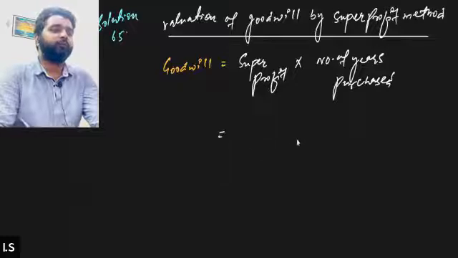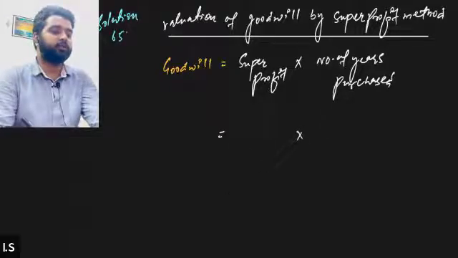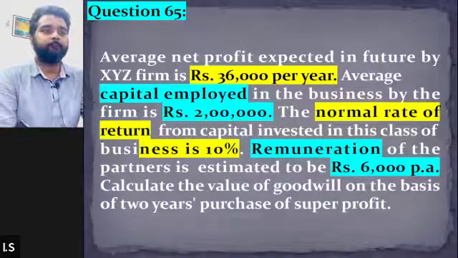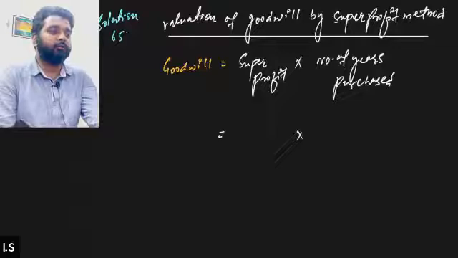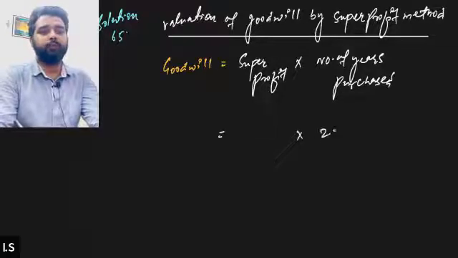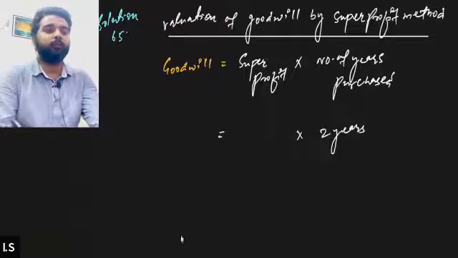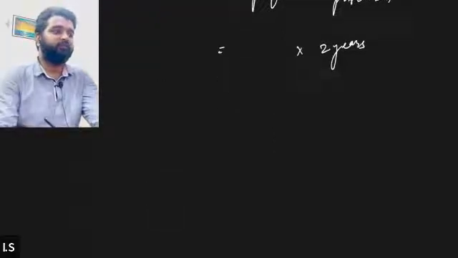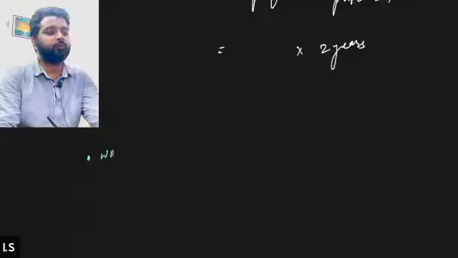Okay, super profit is not given in the question, but the number of years purchase is already given. 2 years purchase are there. So we will multiply it with 2 years. Okay, now in order to find out the super profit, as usual, we will prepare a working note. Working note.